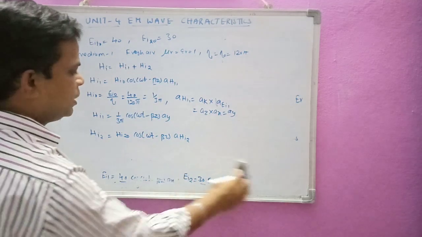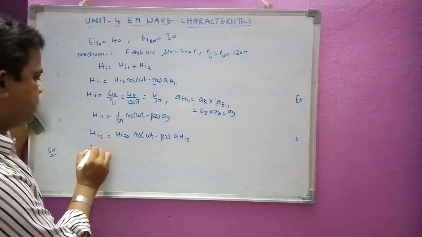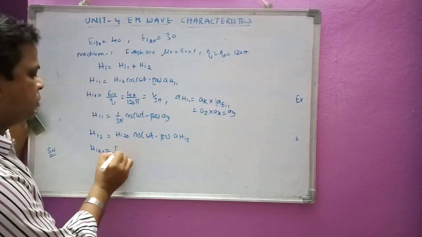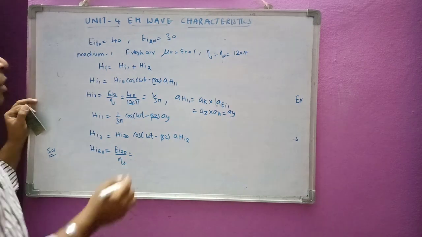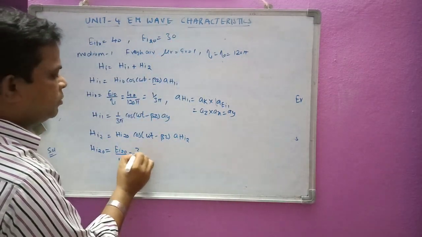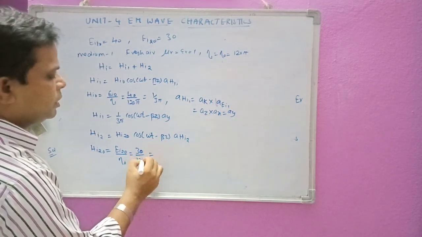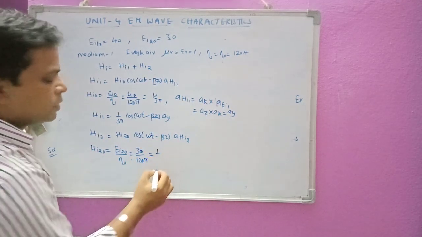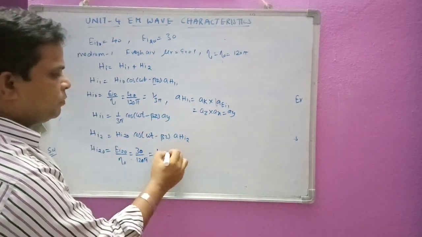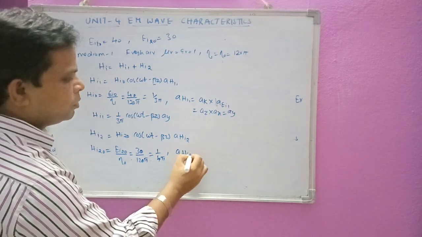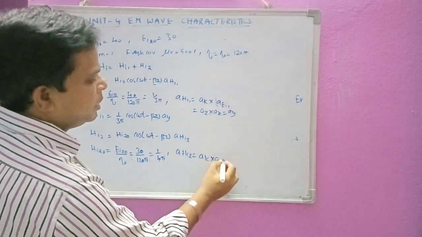Now we have to find the direction here, and this value is going to change. HI20 will be equivalent to EI20 by eta naught. So EI20 is 30, and eta naught is 120 pi, which is equal to 1 by 4 pi. For the direction, aHI2 is equal to aK cross aEI2.